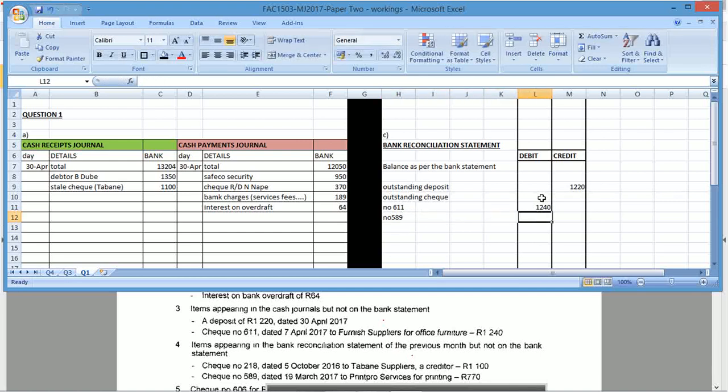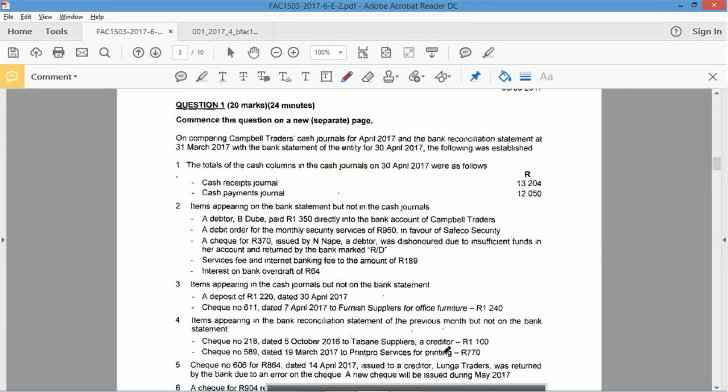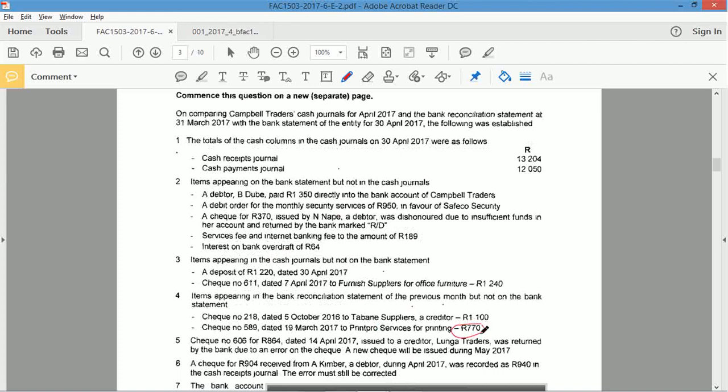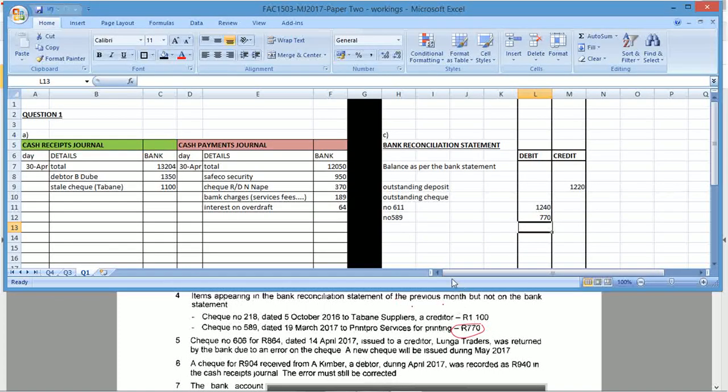Check number 589 is outstanding, 770. Got that? Okay, no, you can't put that in the CPJ. Outstanding number 5 goes in the bank recon. It's an outstanding check, yes.